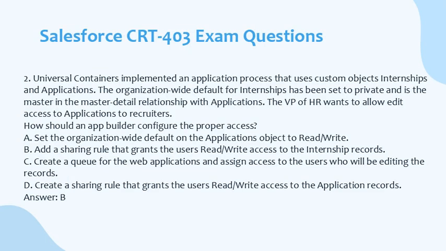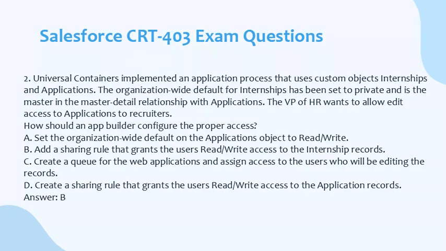2. Universal Containers implemented an application process that uses custom objects, internships, and applications. The organization-wide default for internships has been set to private and is the master in the master detail relationship with applications. The VP of HR wants to allow edit access to applications to recruiters. How should an app builder configure the proper access?